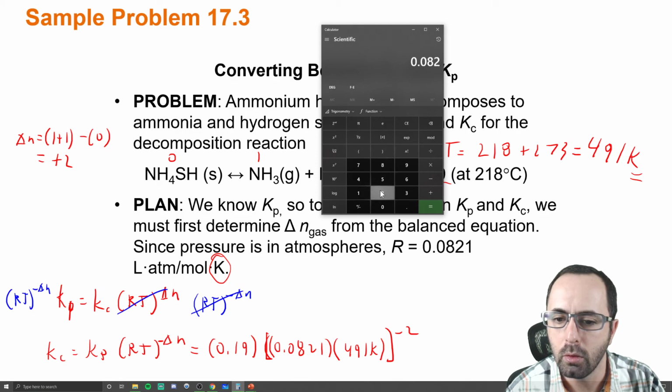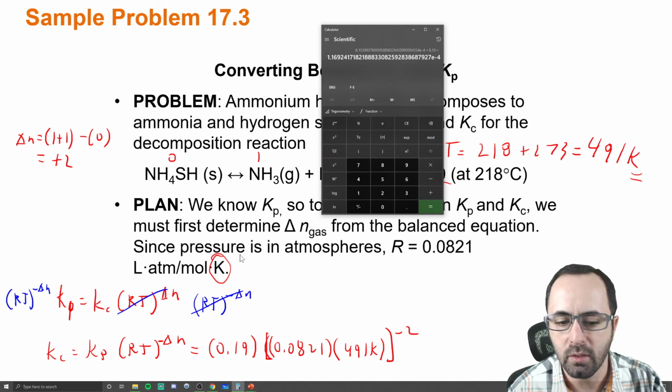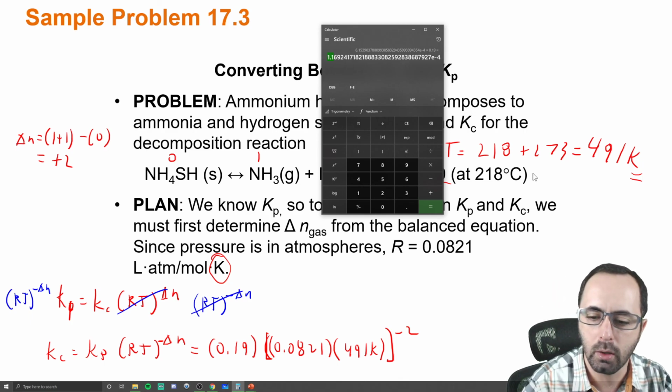0.0821 times 491 equals, okay, there we go, that's more like it, to the -2 power times 0.19 equals, and we get about, to 2 sig figs, we'll have 2 sig figs since 0.19 has 2 sig figs, 1.2 times 10 to the -4 power.